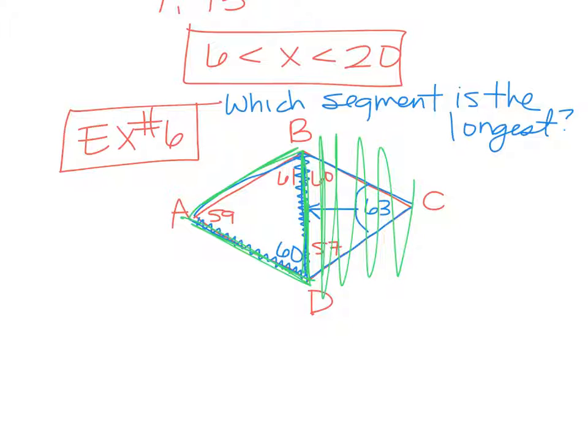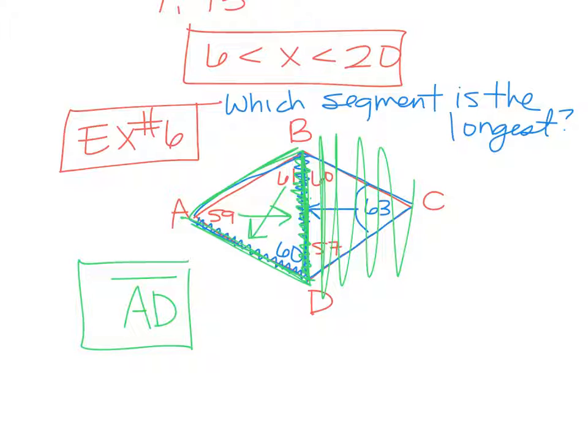Because we found out this middle one was the longest for that one. Well, it's also a side in your other triangle. And in that other triangle, between those two, the longer one is the one across from the 61, not the 59, right? So that means that AD is my longest side in this figure.